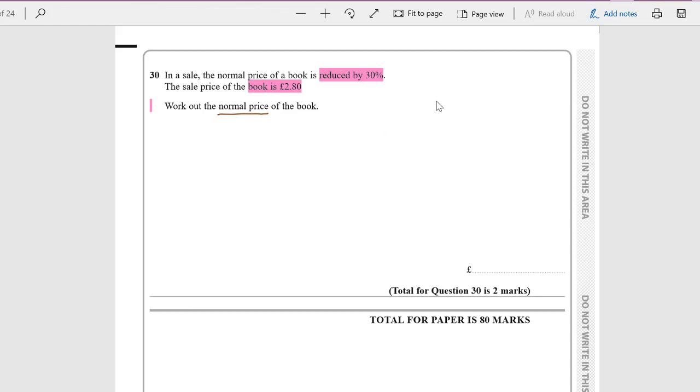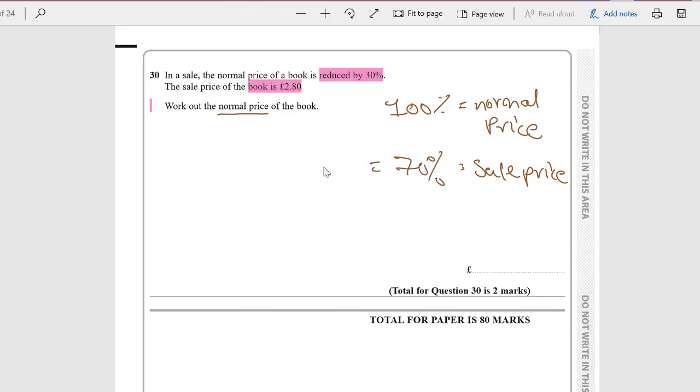So we know that the book, the normal price was 100%, and the sale price, well, it's now been reduced by 30, so it's going to be 70%, and we know that the sale price is £2.80.